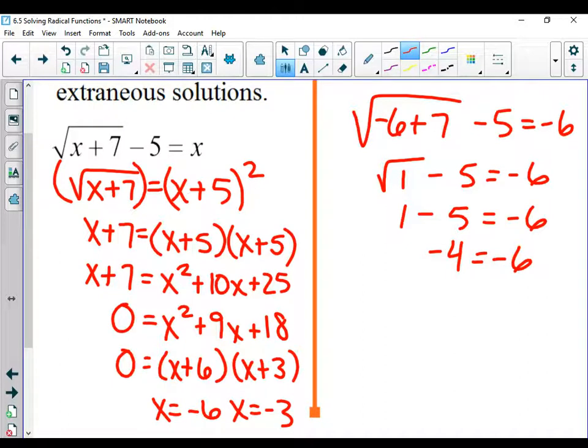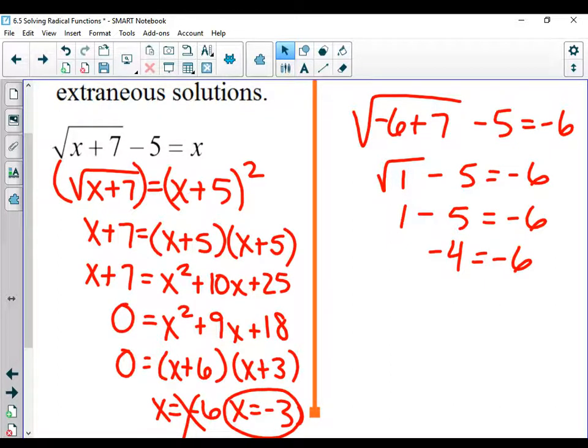So again, like I said, if you really had to show that, the negative 6 is not an option for us. Did negative 3 work? Yes. Okay. Again, if I plugged in negative 3, I get the square root of 4. Square root of 4 is 2, minus 5 gets me negative 3. Okay? Any questions on those so far?